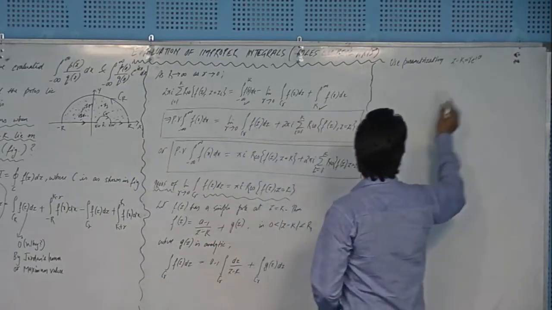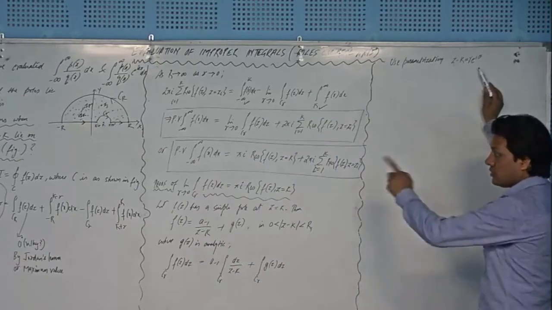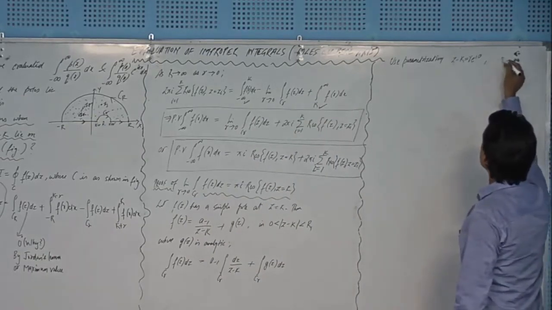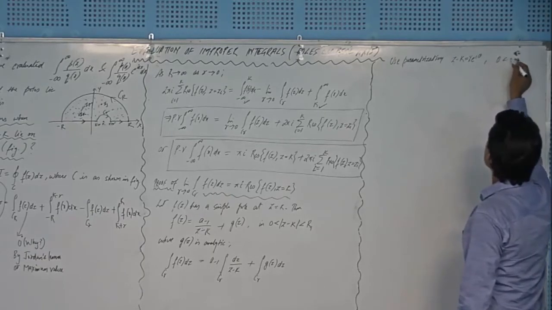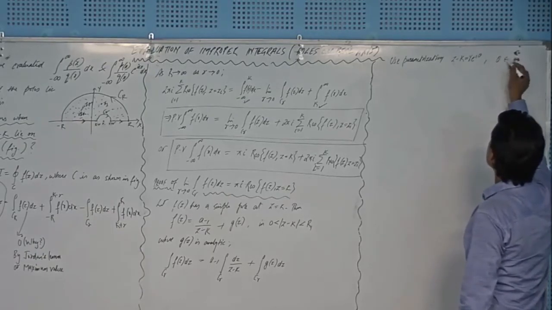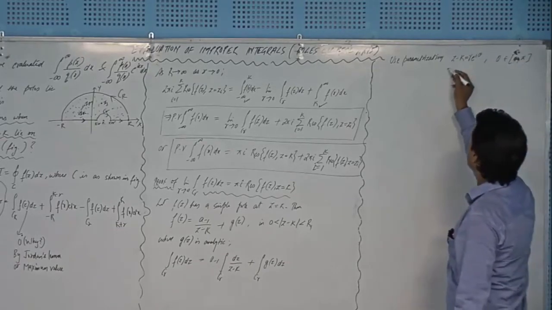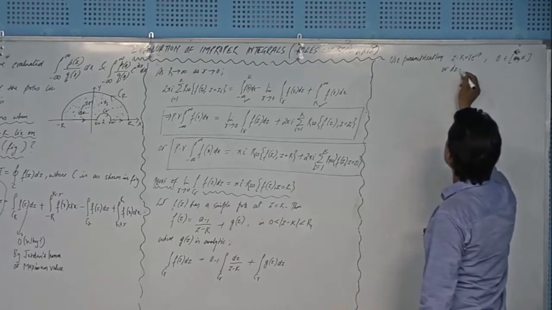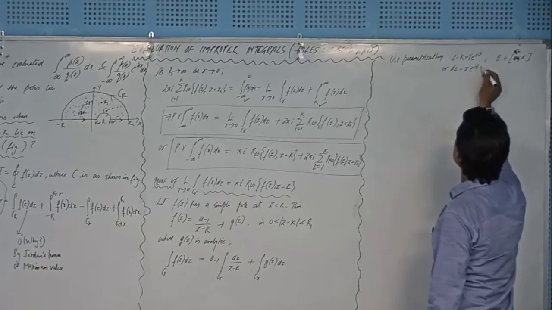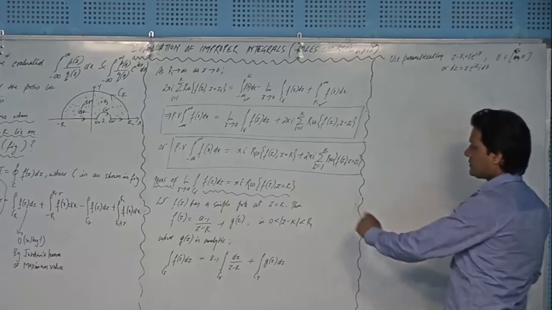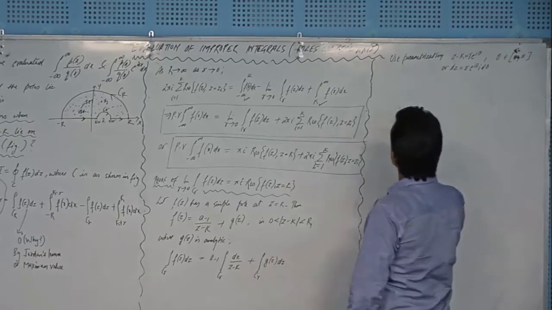So here I will write 0 to pi, because the negative sign is already taken into account. Theta varies from 0 to pi, and on differentiating, I get dz equal to r e to the power iota theta d theta.